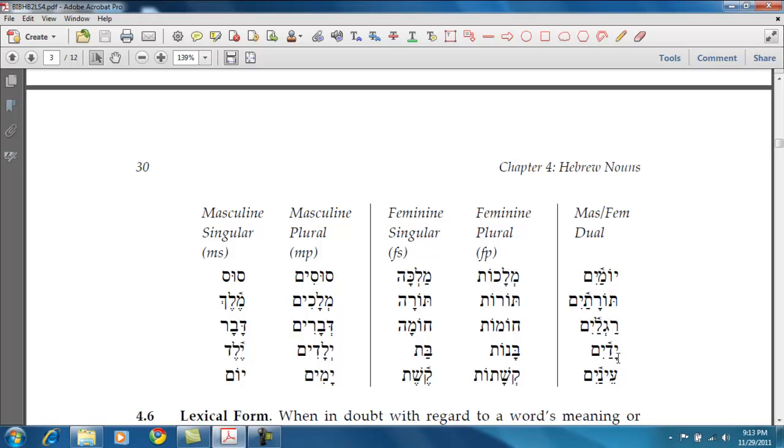Yadayim for hands, two hands, and then day, masculine, yom, and then yamim. And so that's what you have here. The hirik yod mem suffix is what you're looking for in the masculine plural. If it's feminine plural, you'll look for the holam and vav tav for plural nouns right there.